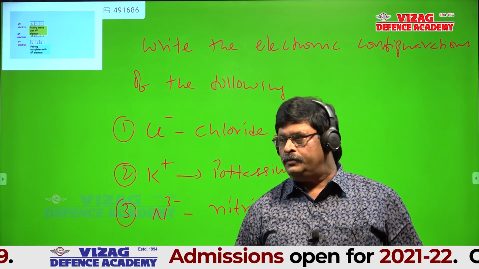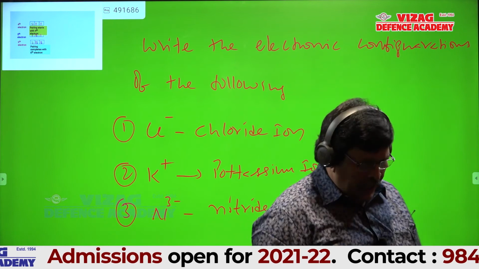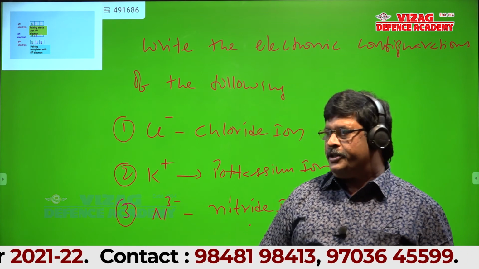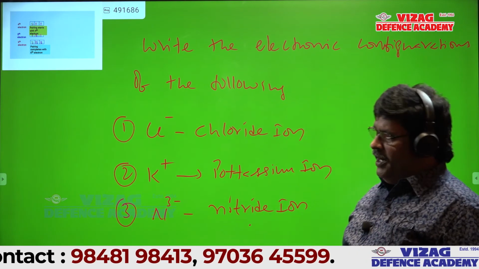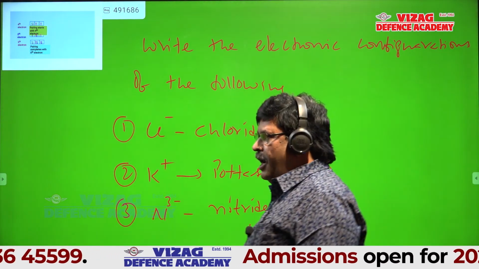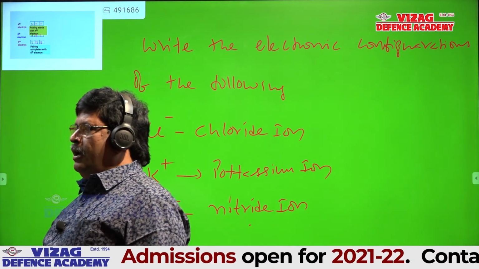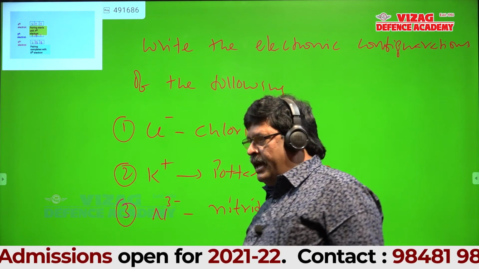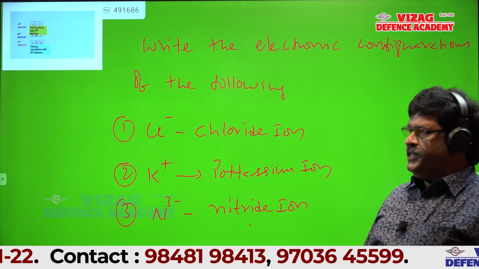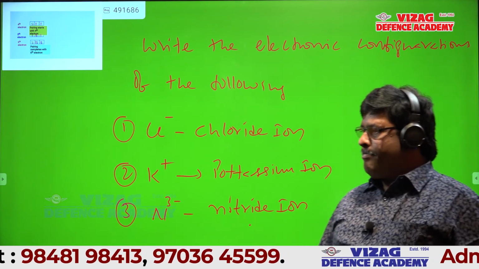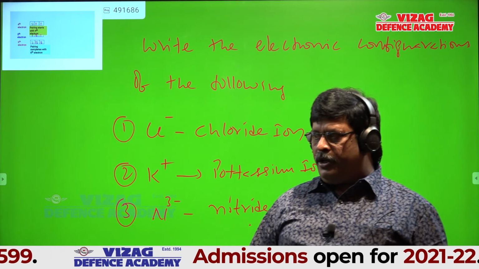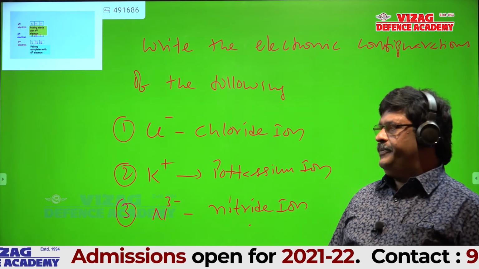Sir, can I tell the answers? I'll ask one question. You answer for that question. After that, we'll write the configurations of these three. I have given chloride, potassium, nitride ion, and I want electronic configurations. My question is, which is having octet configuration in these three?